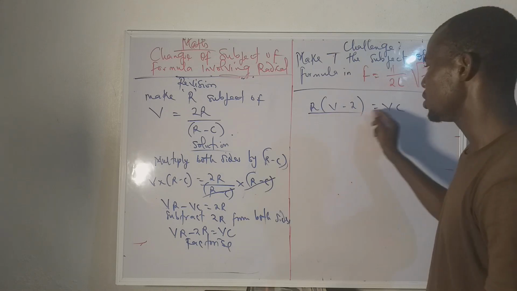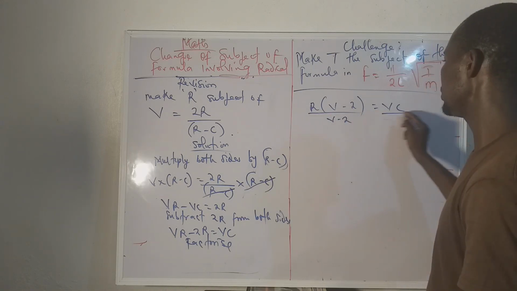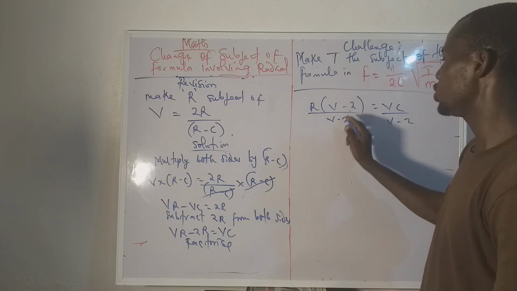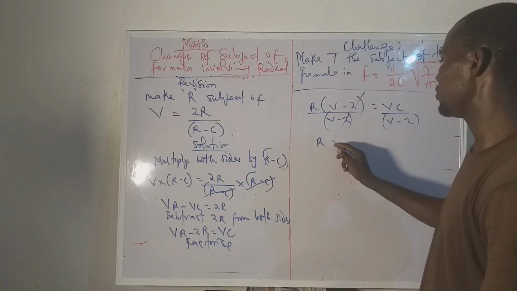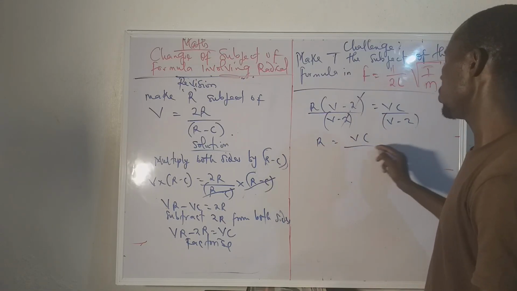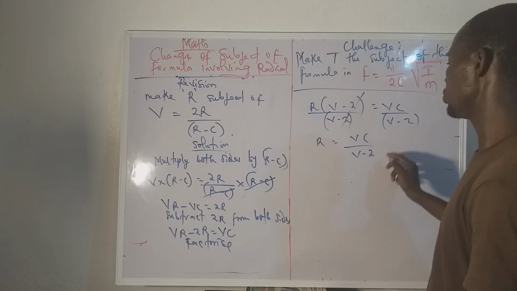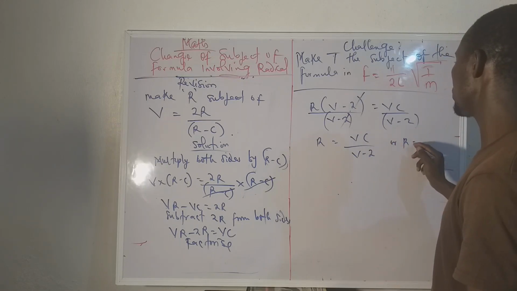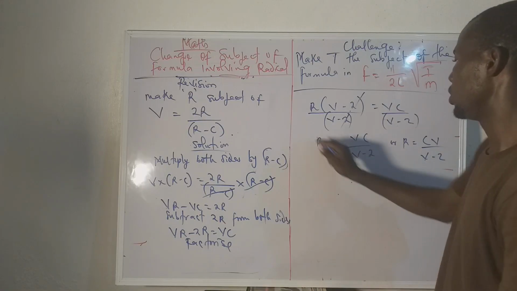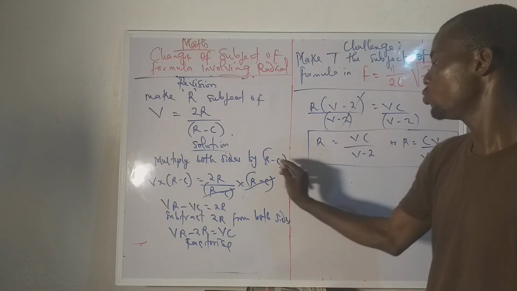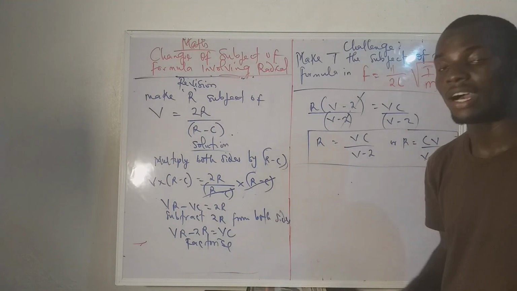V minus 2. So dividing both sides by V minus 2, this one will go away, this one will remain. So I'm going to have R equals VC over V minus 2, or R equals CV over V minus 2. So these are the possible solutions to that particular question.